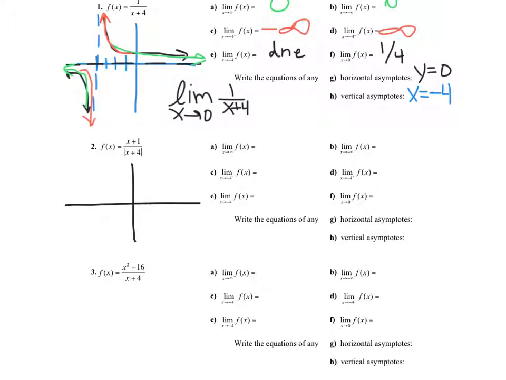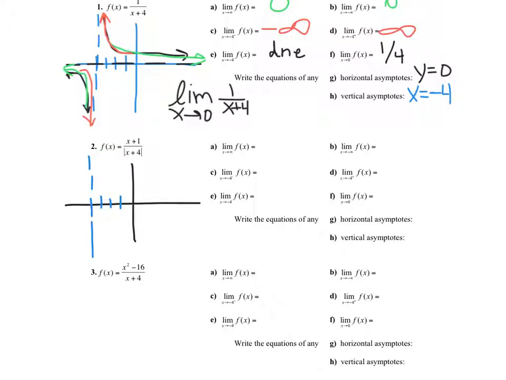Okay. What you get is you do get a vertical asymptote at -4. 1, 2, 3, 4. Vertical asymptote at -4. But then you get 2 horizontal asymptotes. I don't know if you can see it. There's 2 ways you can see it.